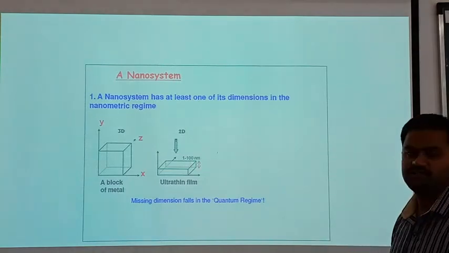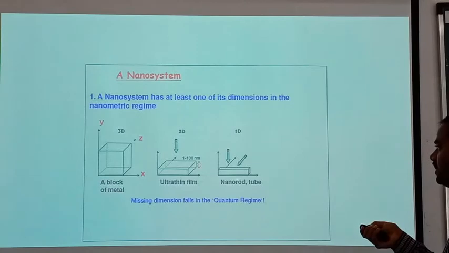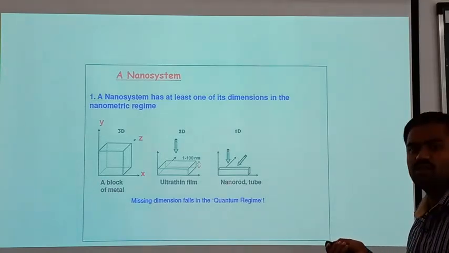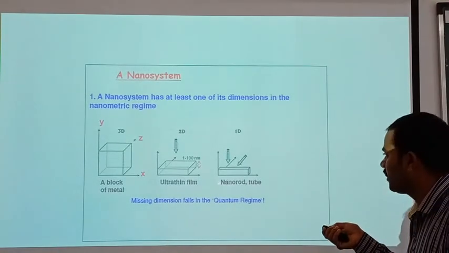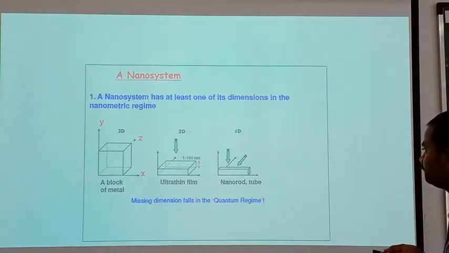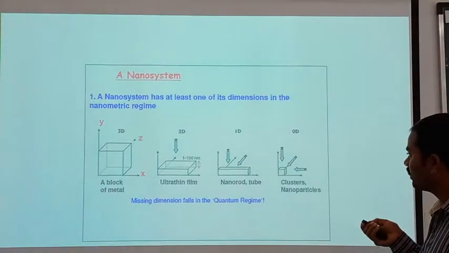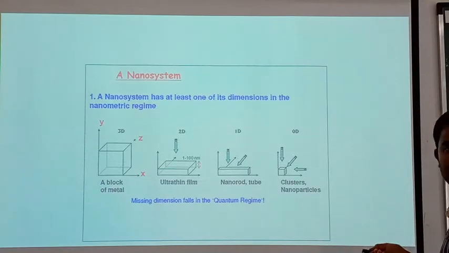So, for example, an ultra-thin film is two-dimensional. Again, you reduce another dimension, keeping only one dimension, with the other two dimensions restricted to the nanometric scale, and only one dimension present, which is called a one-dimensional material. For example, nanorod, nanotube. When you restrict the other dimensions as well, this cube becomes a cluster or nanoparticle, which is known as zero-dimensional.